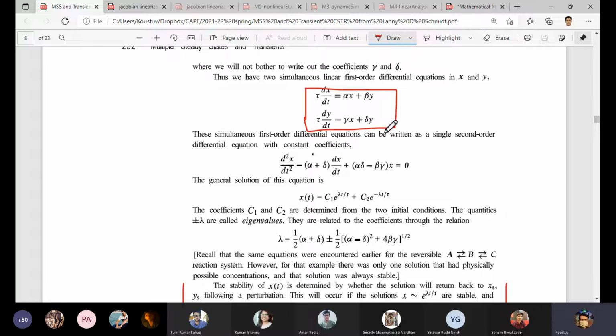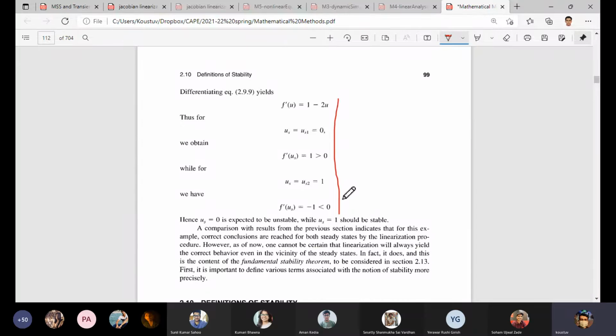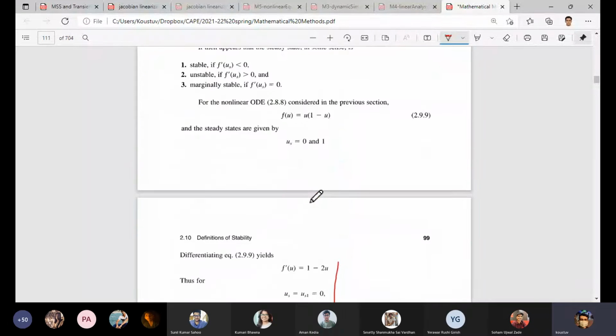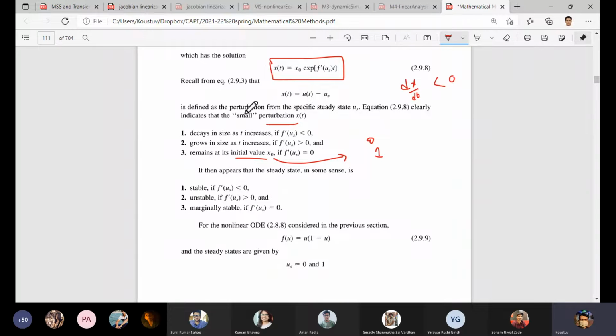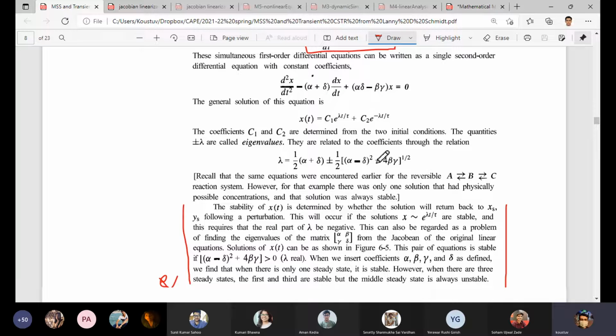We have also obtained a similar thing like this, and we can do the analysis like this, and we can see which steady state points are unstable or which are stable. For the single valued case it is easy, but if there are two or three simultaneous linear ODEs, then a matrix technique or the eigenvalue calculation is much more efficient.